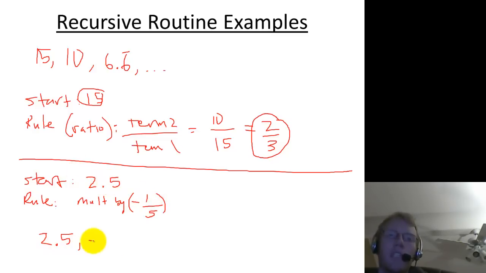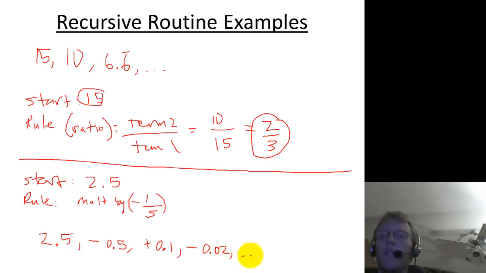If you multiply by a negative, it's going to become negative, and 1/5 of 2.5 is 0.5. So to get the next term, multiply negative 0.5 times negative 1/5. Negatives cancel, and you get positive. 1/5 of 0.5 is 0.1. Then multiply negative 1/5 times that, and you get negative again. 1/5 of 0.1 is 0.02. And then you could just keep going like this.